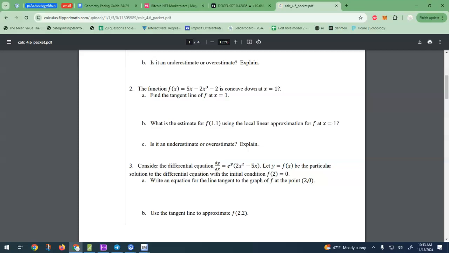And then what goes here is f prime of 1. So your derivative, 5 minus 6x squared.